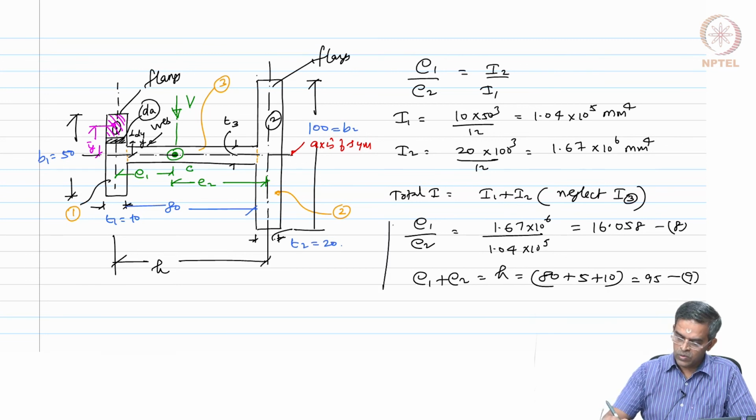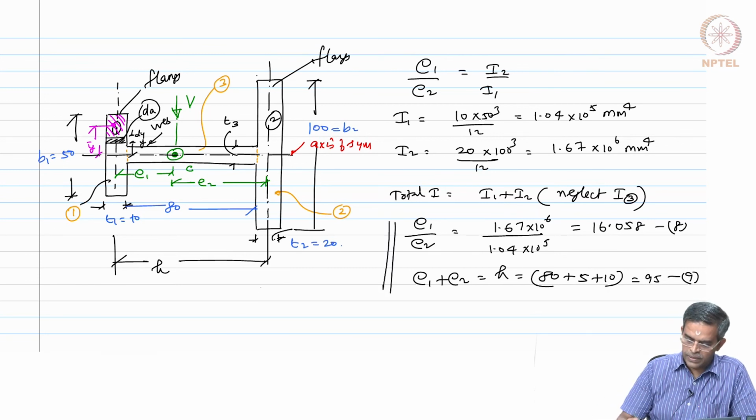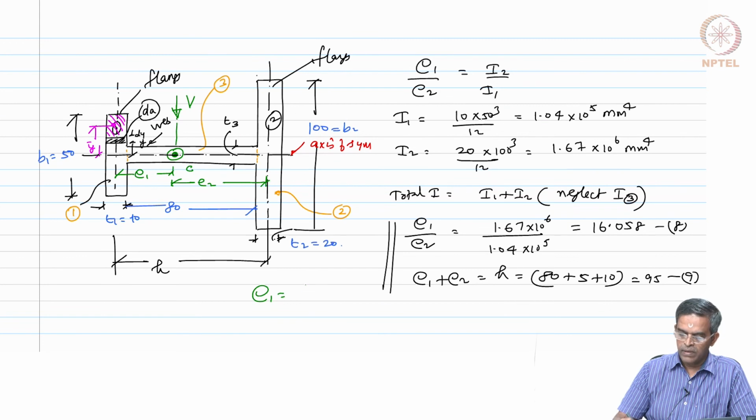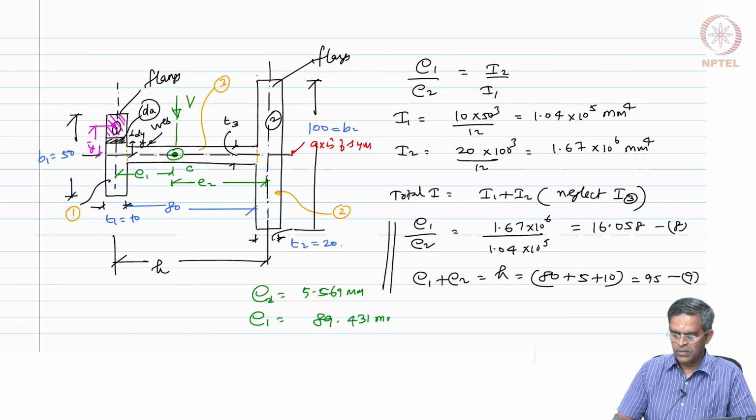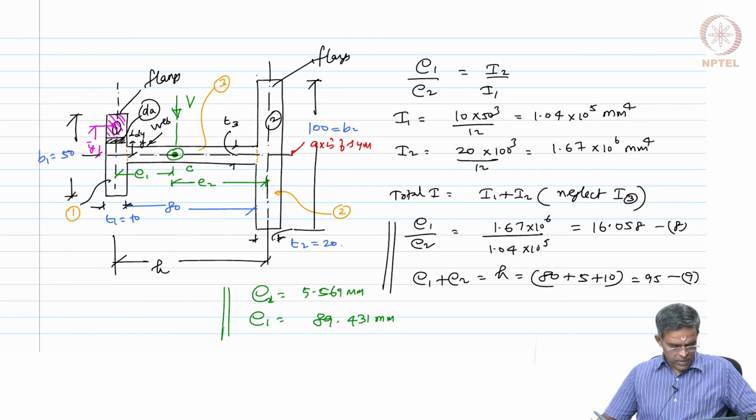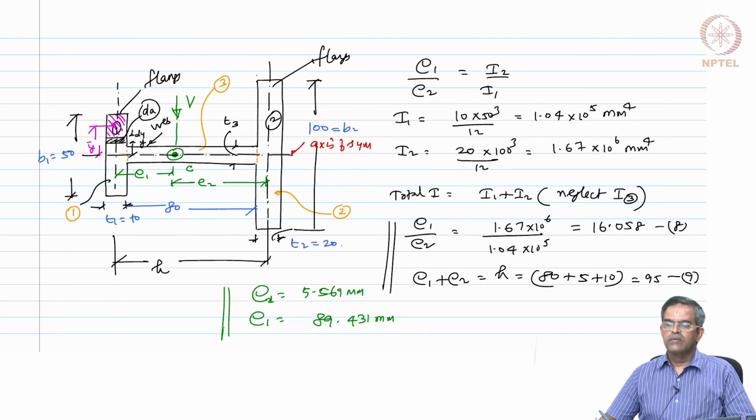So, by solving these two equations, I get E1 as 5.569 millimeters and E2 as 89.431 millimeters. That is a simple illustration of how we had to solve this problem.